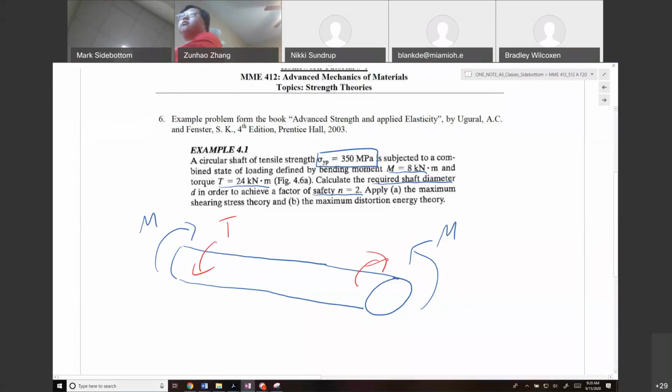Okay. The moment is about the z-axis, and the torque is about the x-axis. This is our x-axis.